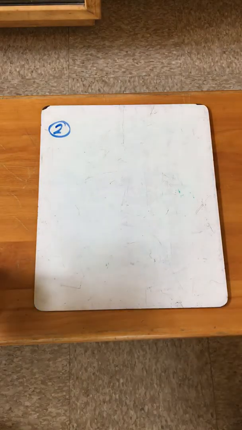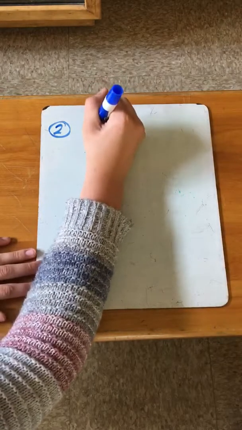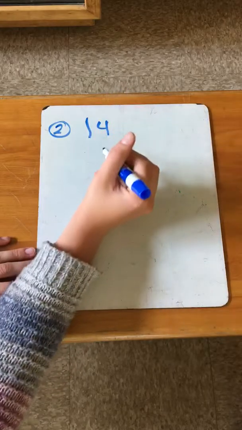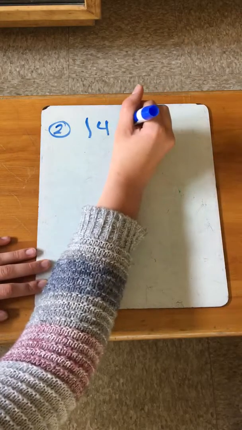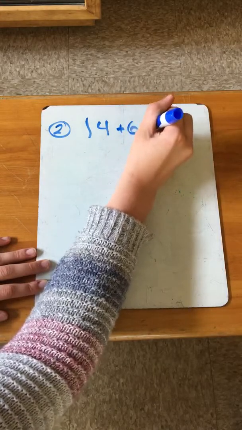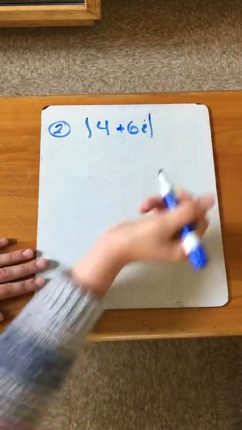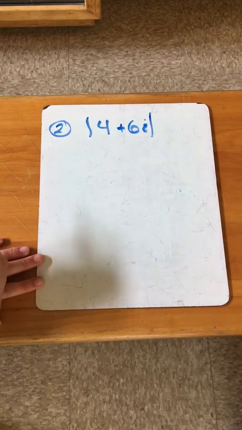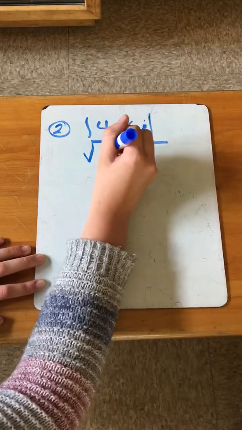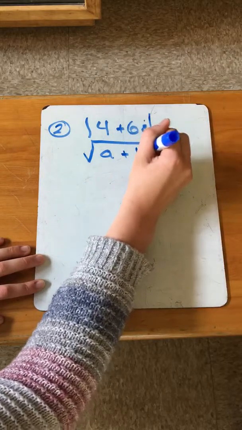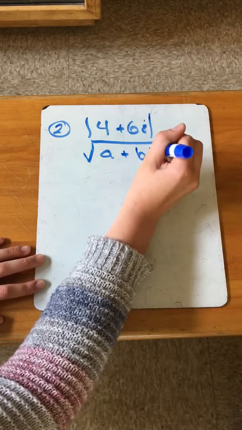Let's say the example is the absolute value of 4 plus 6i, and then, just like the other one, we are going to use the equation of a plus bi.